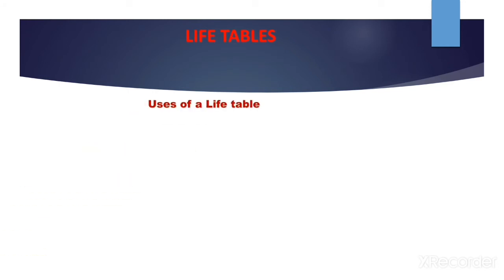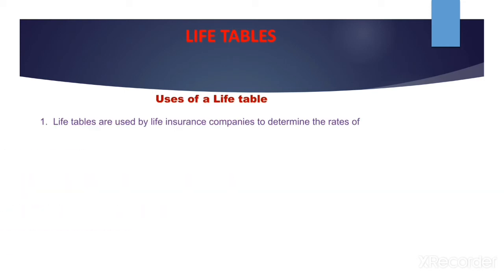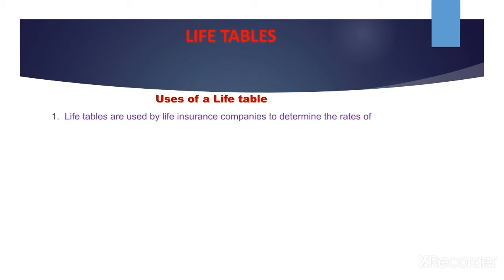So next are the uses of life tables. What are the uses of life tables? The first important use is that life tables are used by life insurance companies to determine the rates of premium for policies of persons of different ages. Why do insurance companies use life tables?